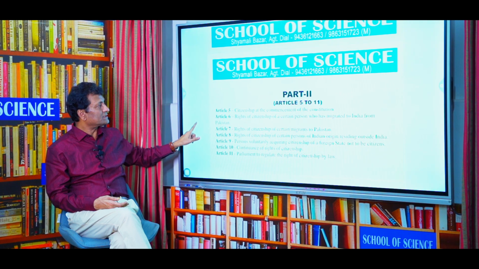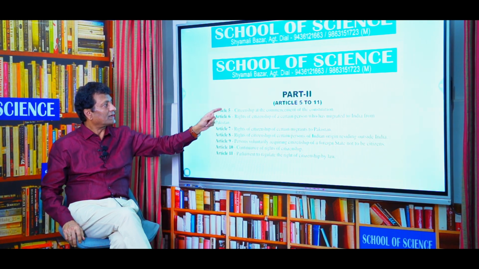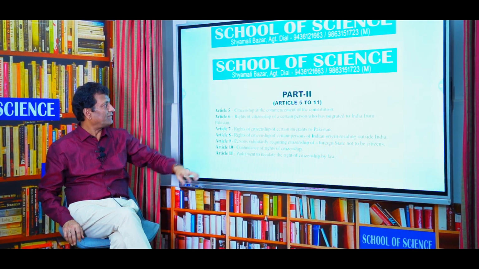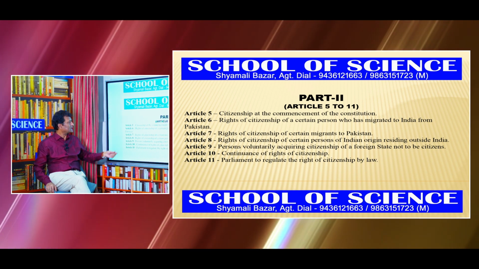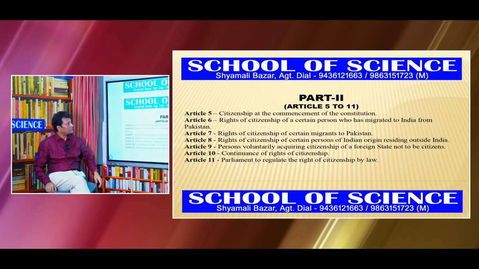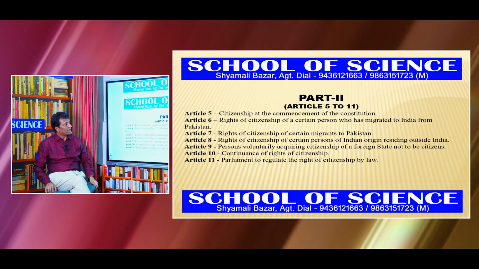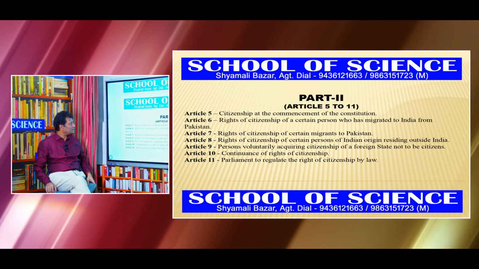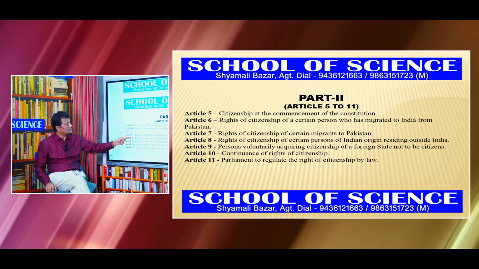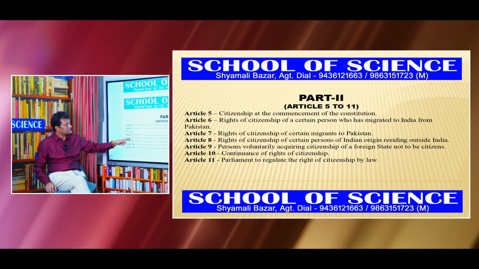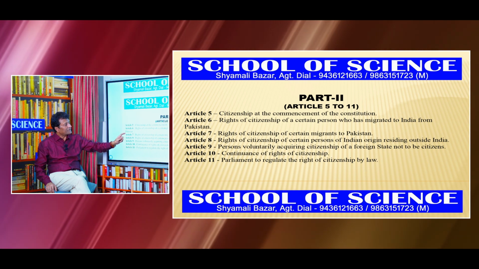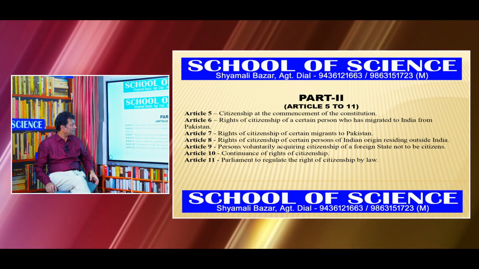Now part 2 consists of citizenship, Article 5 to 11. What is Article 5? Citizenship at the commencement of the Constitution. Article 6, rights of citizenship of a certain person who has migrated to India from Pakistan. Article 7, rights of citizenship of certain migrants to Pakistan. Article 8, rights of citizenship of certain persons of Indian origin residing outside India.